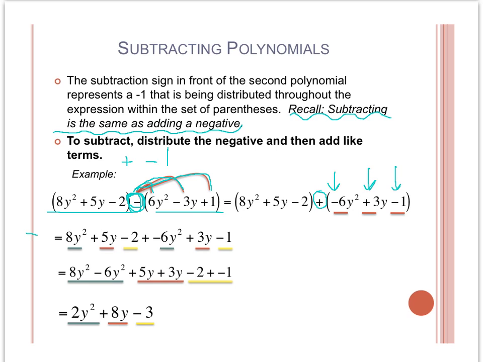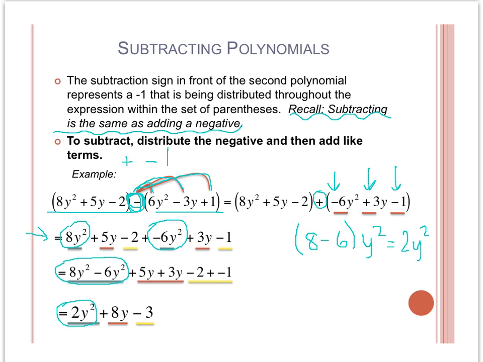Now the next step is to look for all like terms. Again, when you find like terms, the variable must be the same and the exponent must be the same. So we have our y squared terms, which gives us 8y squared minus 6y squared. So 8 minus 6 y squared leaves us with 2y squared, as you can see down in our final answer.